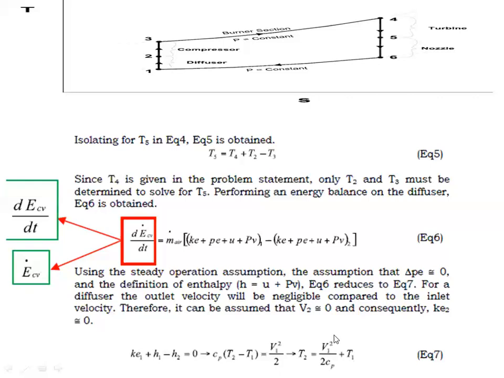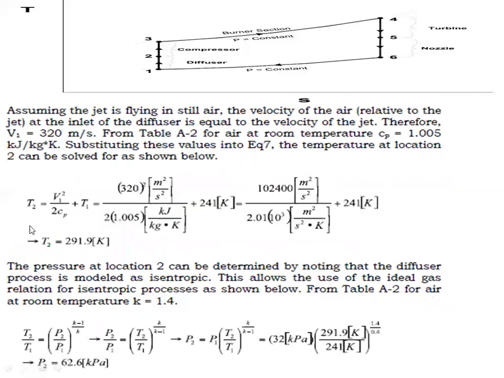Here V1 is the velocity of air entering the diffuser, which must be equal to the velocity of the jet, the vehicle velocity. So V1 is known, T1 is given in the problem, and Cp is also known. If you substitute here, it is possible to know the T2 value.